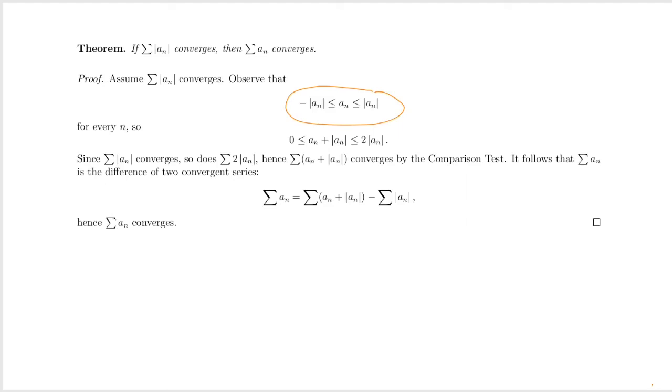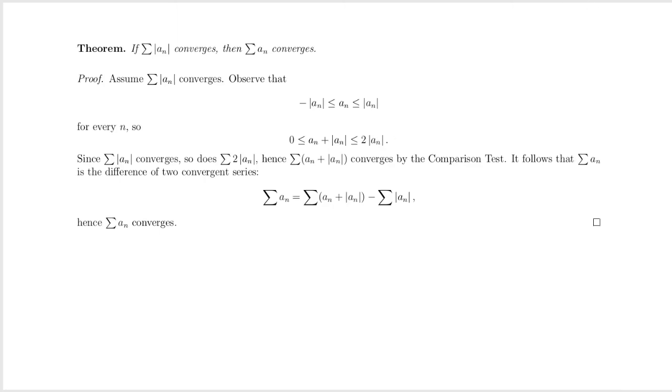And so that would say negative 7 is less than or equal to negative 7, which is less than or equal to 7. In fact, this term in the middle here is always equal to either this term or that term. And so I'll let you convince yourself that that's true. It certainly is. And then if you add the absolute value of a sub n to all three sides of that inequality, you get this expression right here.